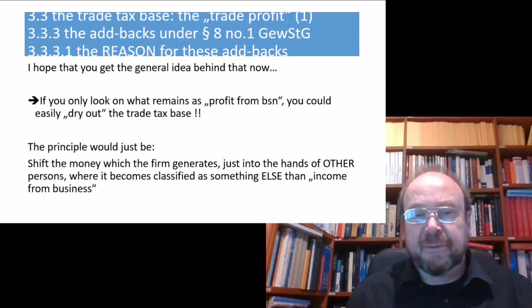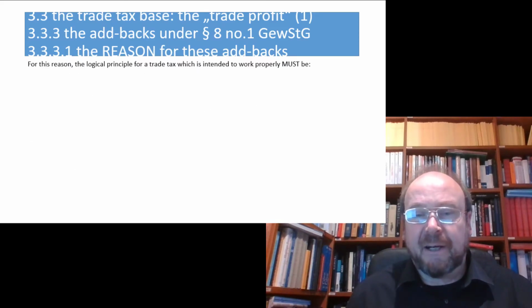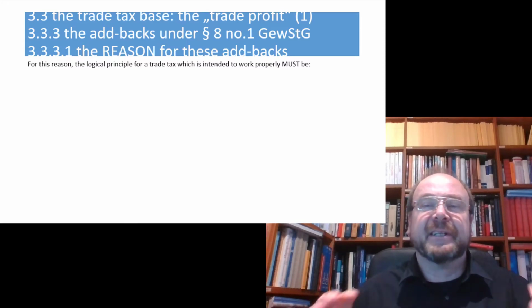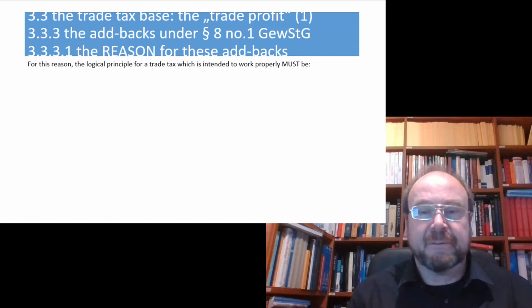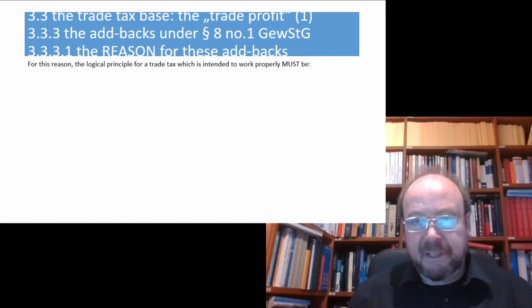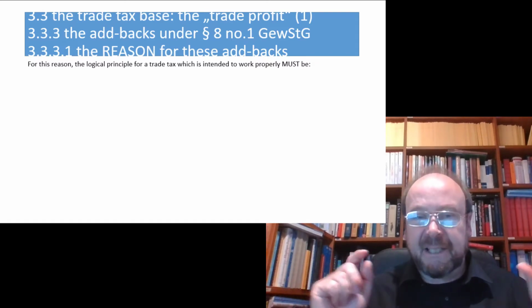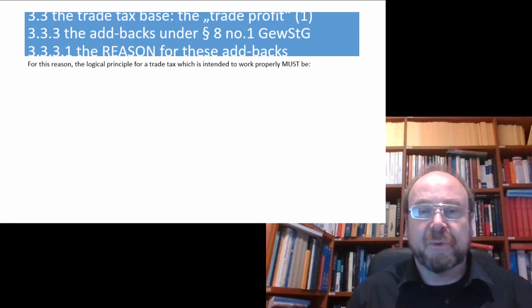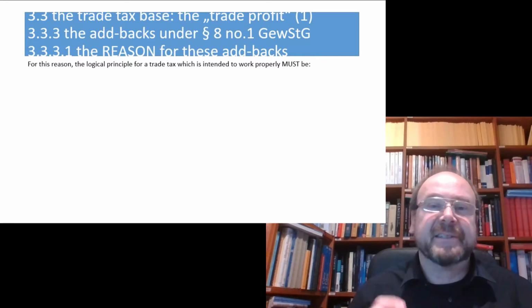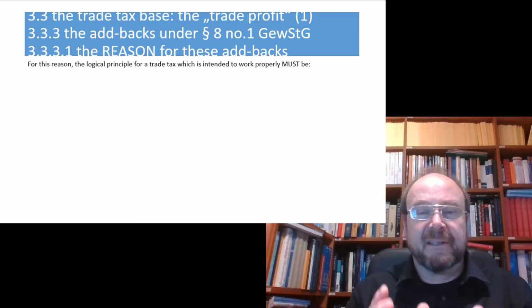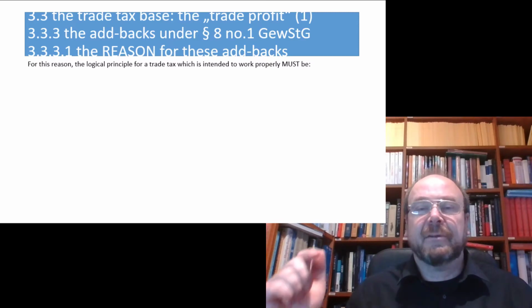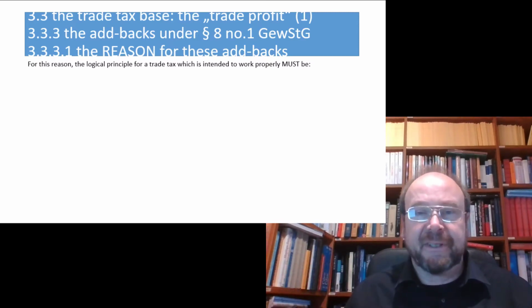If you want to counterattack that now, then you must put the trade tax base computation on a different basis. You must say, okay, it must not matter to whom the money in the end is handed over. If it has its origin in the productivity of the firm, it should be and remain a part of the trade tax base.